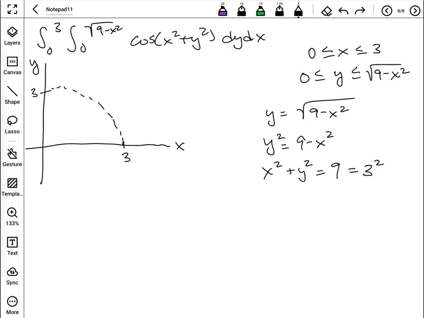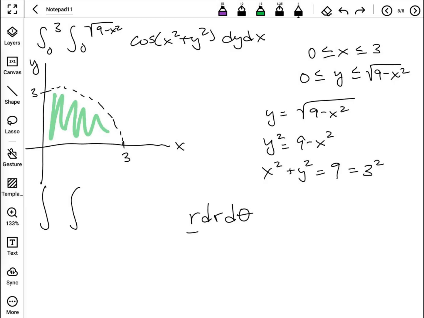I'm going to set it up in polar coordinates, so if you want to do that, just identify the radius and theta that we want to use to fill in this area right here. Whatever I think the radius is, whatever I think the theta is, I would put those numbers there. And then my dy dx becomes r dr d theta.